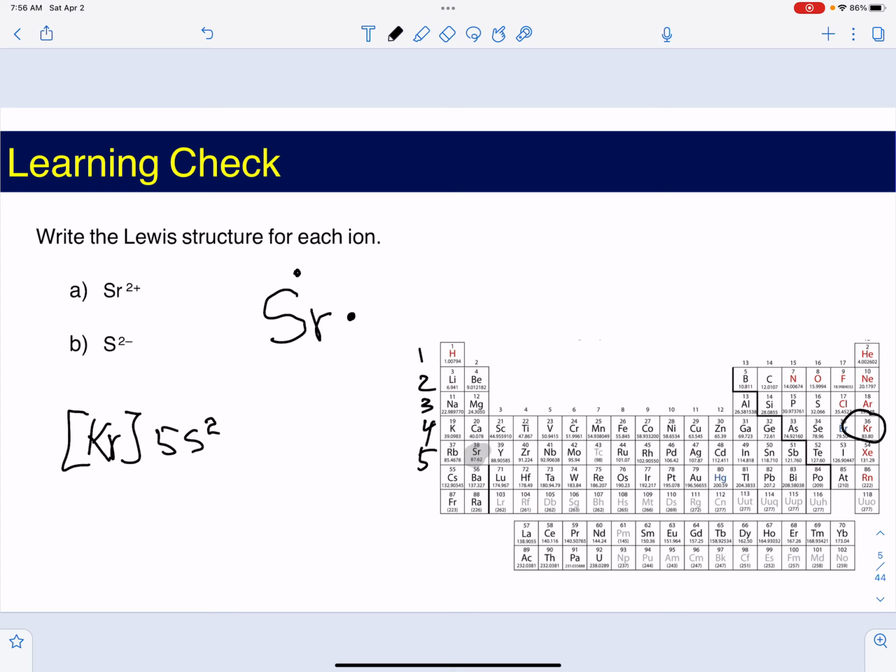However, we're not dealing with strontium, we're dealing with the strontium 2 plus, which means that it's lacking 2 electrons, therefore positive, so that means that's gone and that's gone.